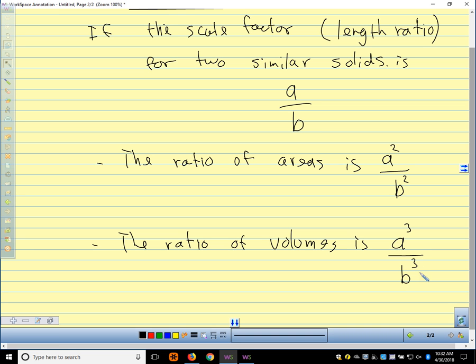We cube the length ratio to get the volume ratio. So this is how our ratios of area and volume are related to the ratio of lengths. And the way we're going to apply this to solve problems is exactly like we did with similar polygons. We're going to set up a proportion to figure out the missing pieces of information.